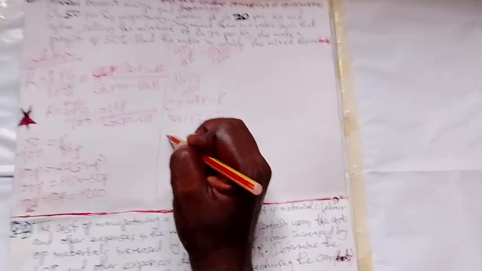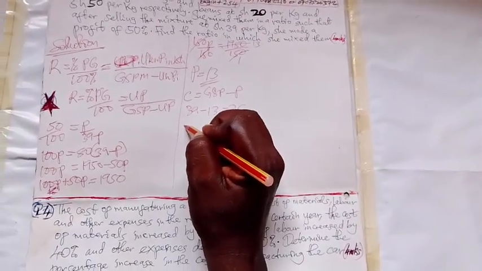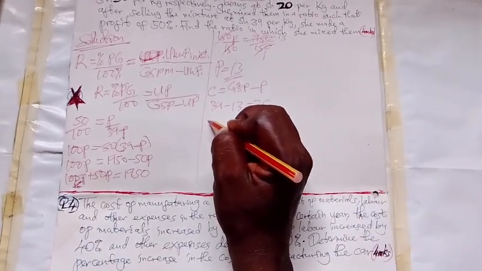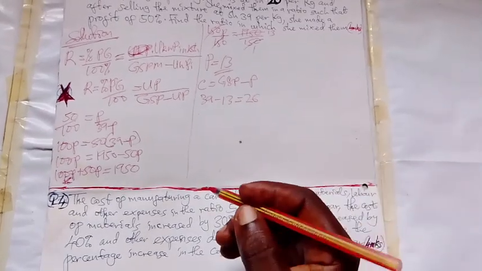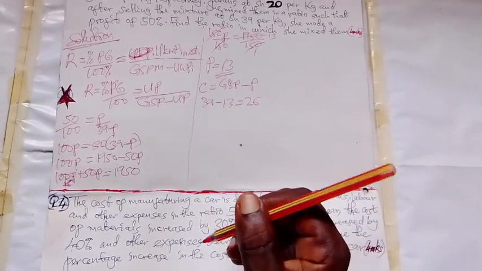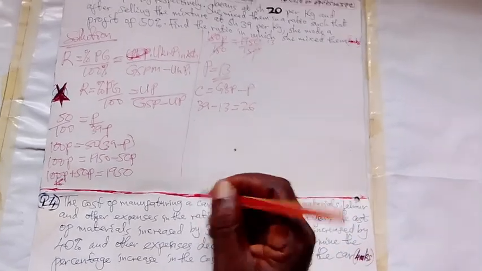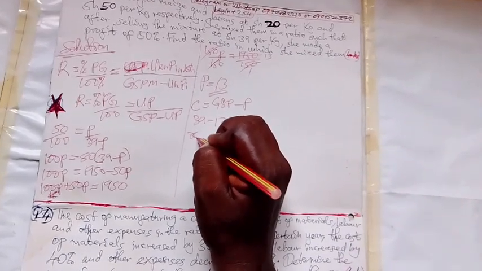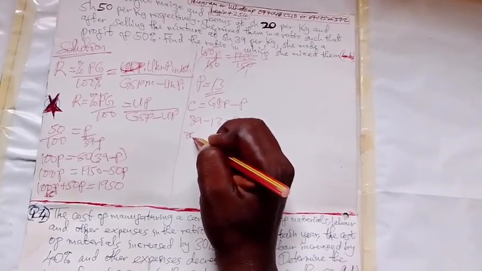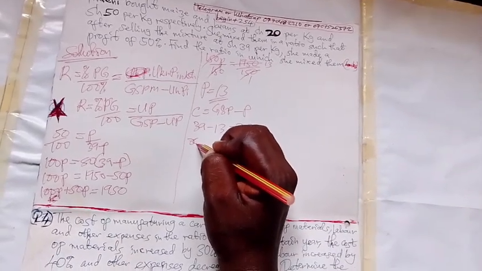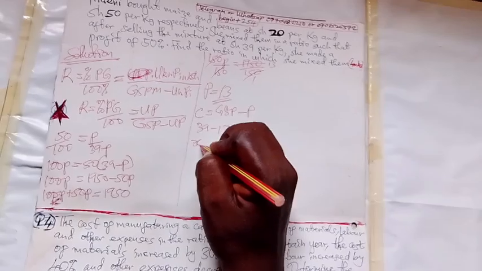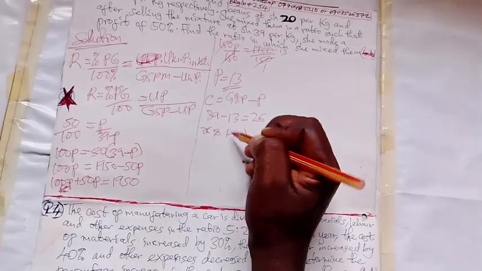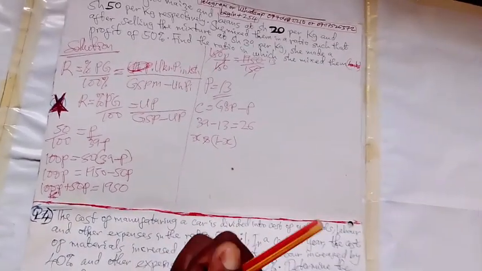Step 3, let x be the quantity of maize per kilogram in the mixture, and 1 minus x be that of beans in the mixture.